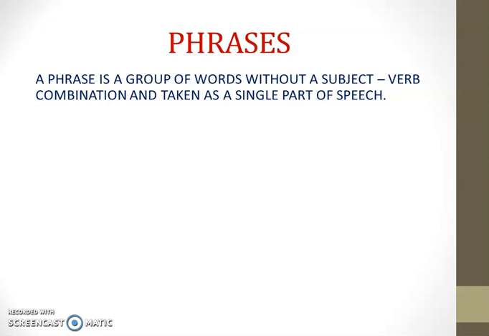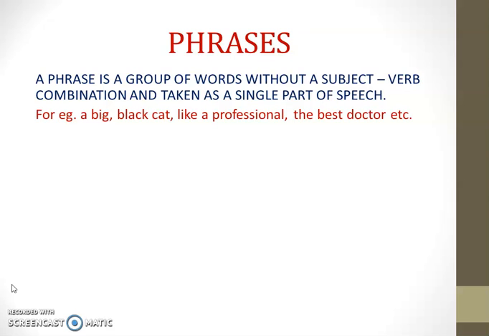So as you can see, a phrase does not have a subject-verb combination, hence it is not complete in meaning, but it acts as a unit of meaning. Let's take a look at a few examples. A big black cat, like a professional, the best doctor. These are all examples of phrases. As you can see, they do not have complete meaning, still they function as units of meaning.